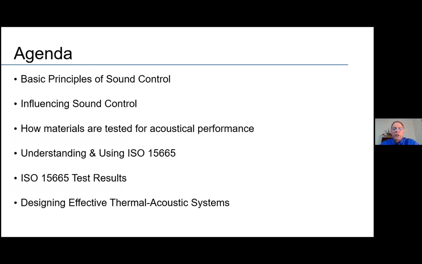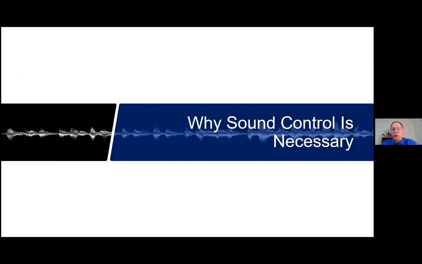Take a quick look at some ISO 15665 results and how to apply those results, and then do a quick overview of designing effective thermal and acoustic insulation systems, because especially in the industrial realm, it's rather rare for something to just get acoustically insulated. Usually it is some type of a thermal acoustic combination. So there's a couple of highlights there that we want to make sure that you're aware of.